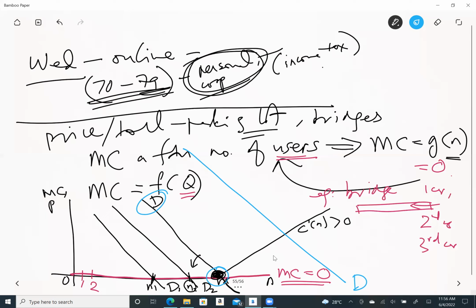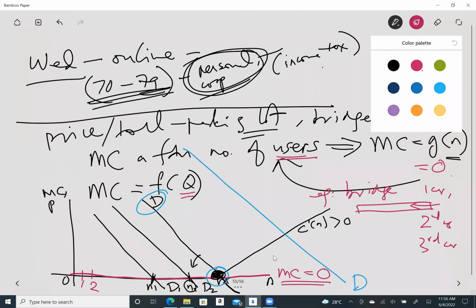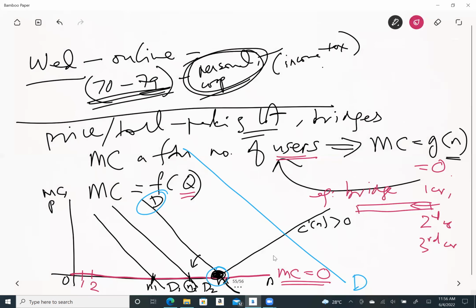Now when the demand is high such that there is congestion cost, we show it by the D function, the blue line, and you have that point of intersection, say point E1. I call the earlier point E, and then E1.